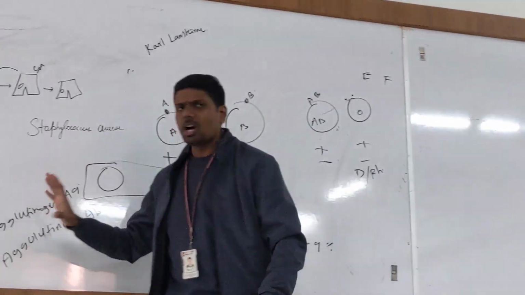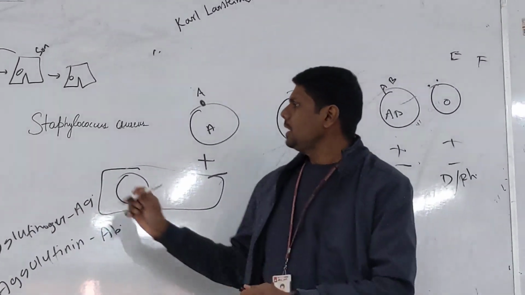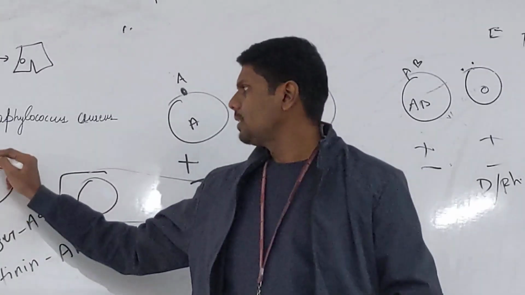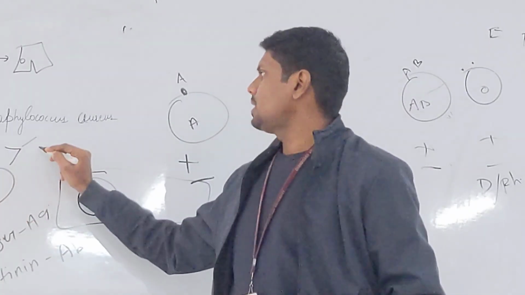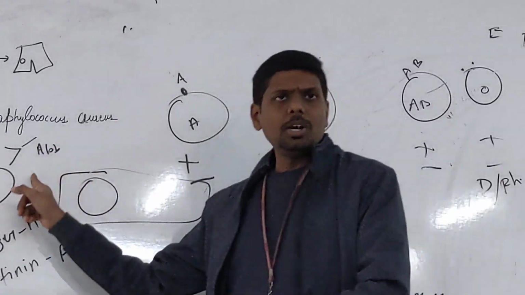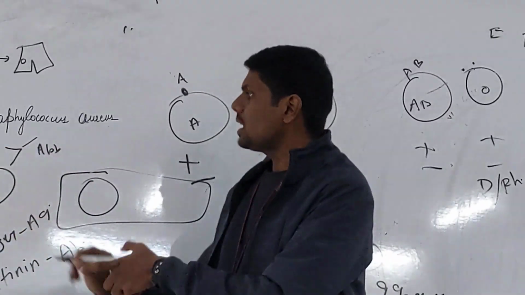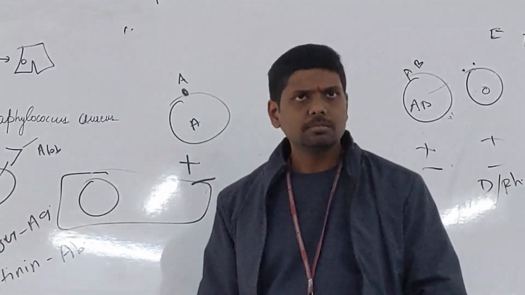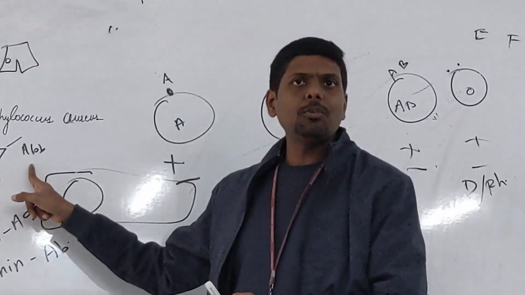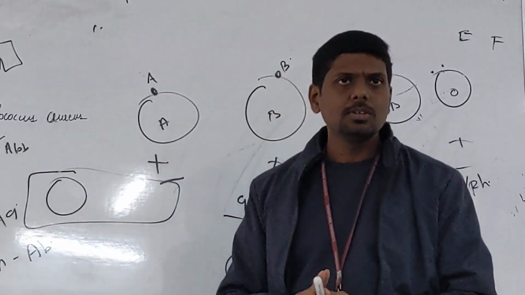Now listen, students, to what he is trying to say. See, if this is an A antigen and I target it with an A antibody, what happens? The A antibody will attack the A antigen and the red blood cell will be lysed.